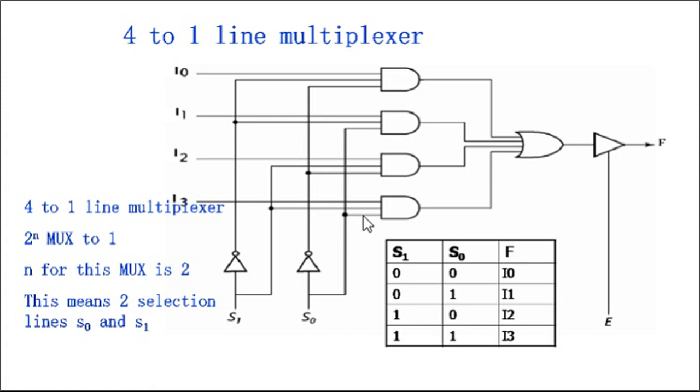The value of S0 is 0, so we write S0 bar, and S1 is 0, so S1 bar. Both S0 bar and S1 bar are connected to the AND gate along with I0, so here we have S0 bar S1 bar into I0.